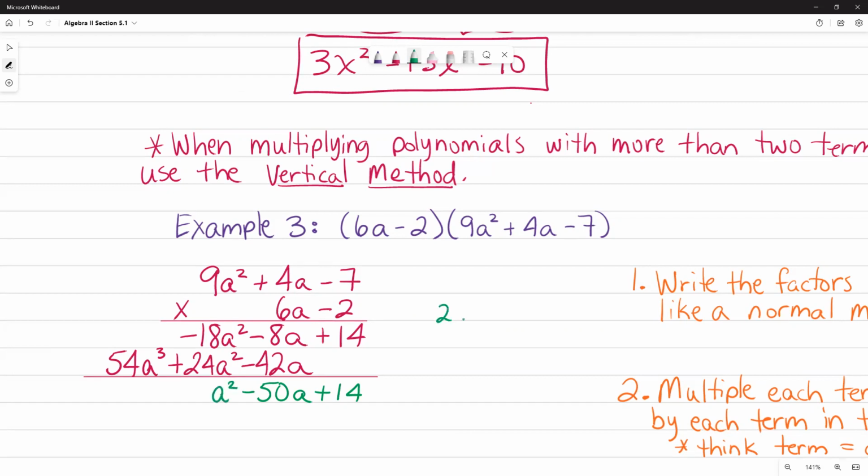I would definitely write it out here if you need to. So we got to borrow. So that's 14 minus 8, which is 6, and then 1 minus 1. So positive 6a squared. And because it's positive, I put the sign in front of it. And then there's nothing to combine that 54a cubed with. So it just comes right on down, just like the 14 did. Good? Makes sense. All right.